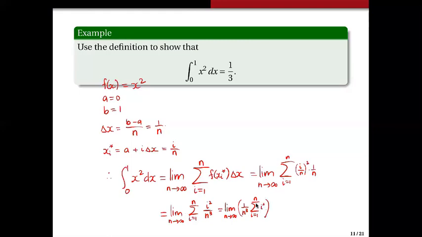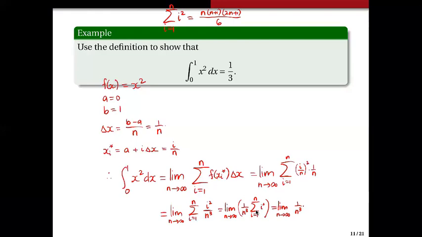But what is this? Try to recall the formula. Let me write the formula here: the sum from 1 up to n of i squared is n times n plus 1 times 2n plus 1 divided by 6.